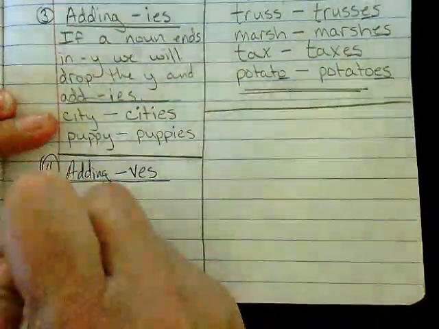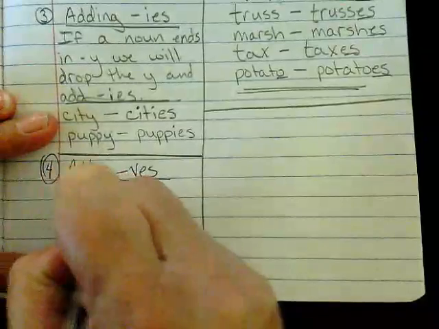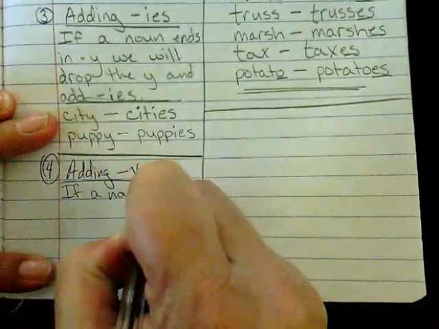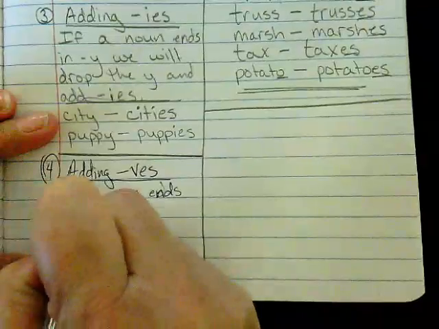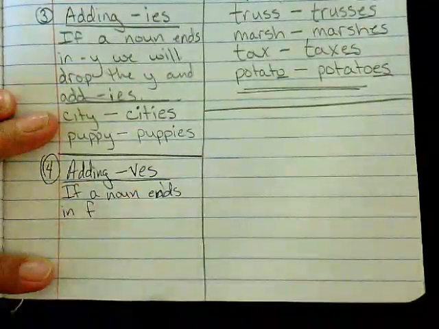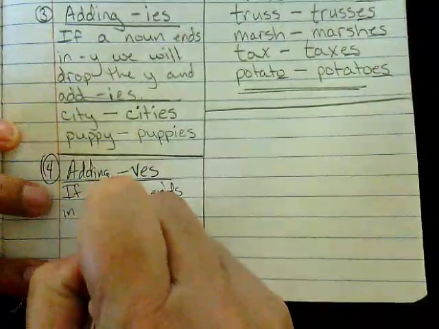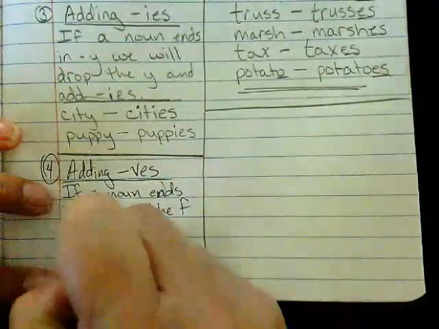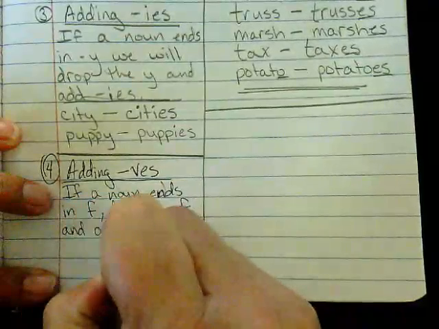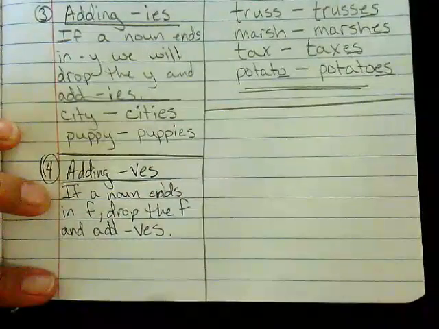Well, if a word ends in F, if a noun ends in F, we will drop the F and add VES to make the word plural.